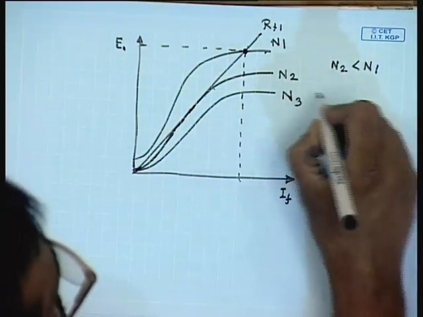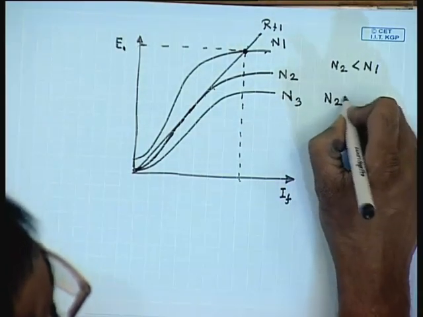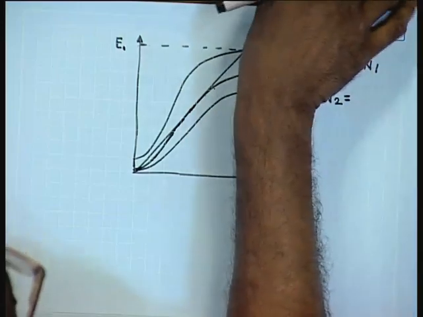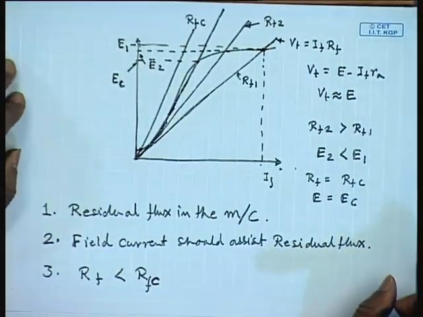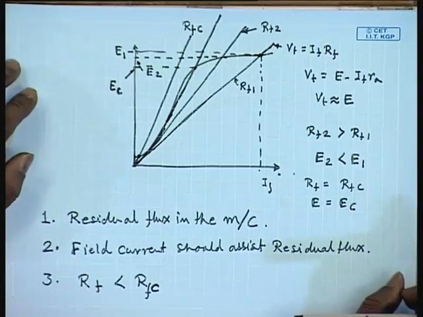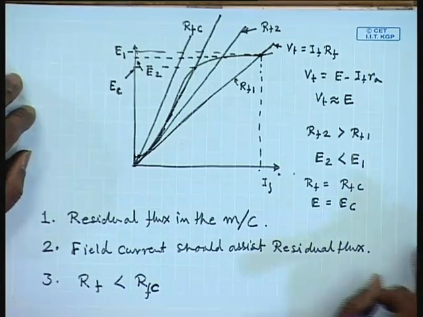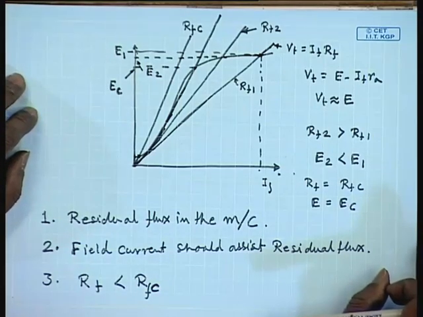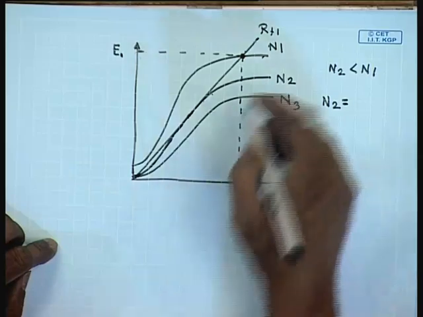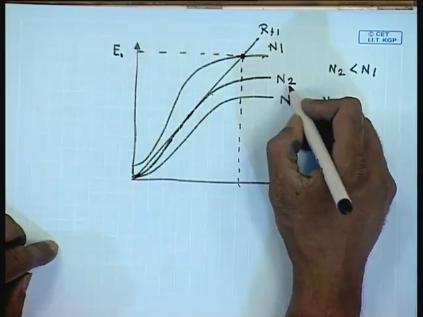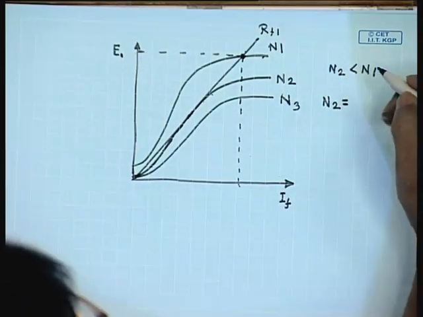So, for every speed of operation of the DC shunt generator, there is a critical field resistance above which the machine will fail to excite, and also for every field resistance there is a critical operating speed below which the machine will fail to excite.